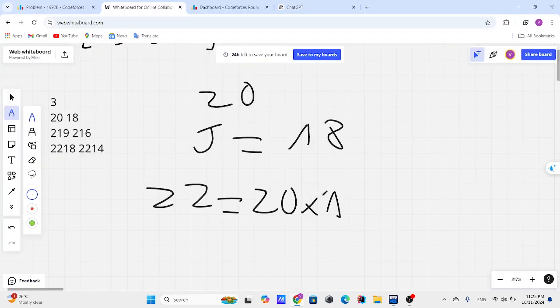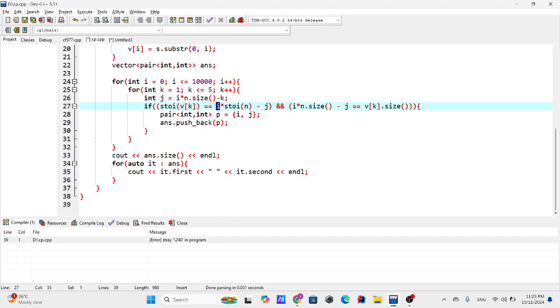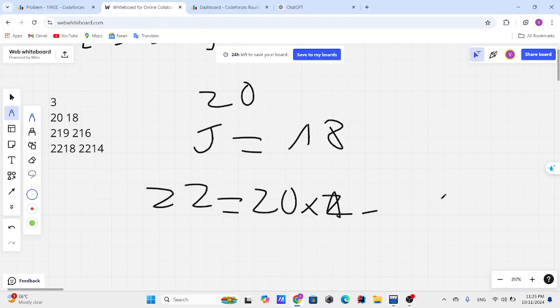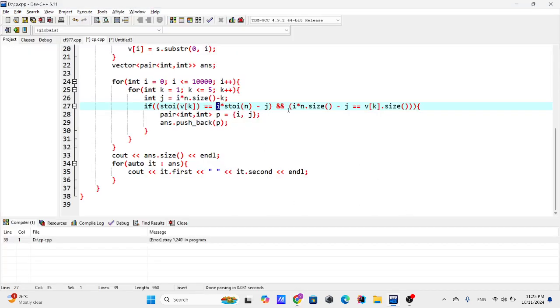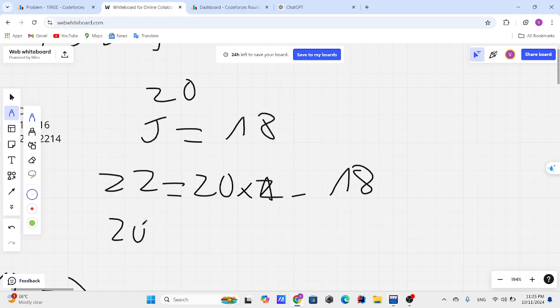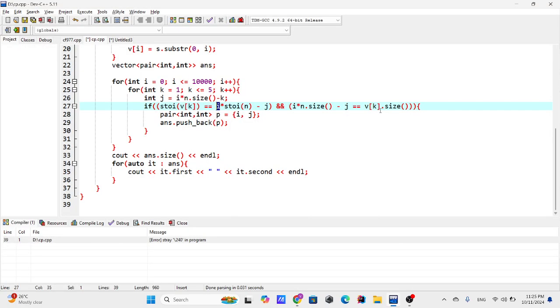N is 2, minus j. J is 18, right? So yeah, that's kind of correct. And E is 20 minus j, 18, which will be 2, is equal to vk dot size. Yeah, that must be correct. So what's the problem here?